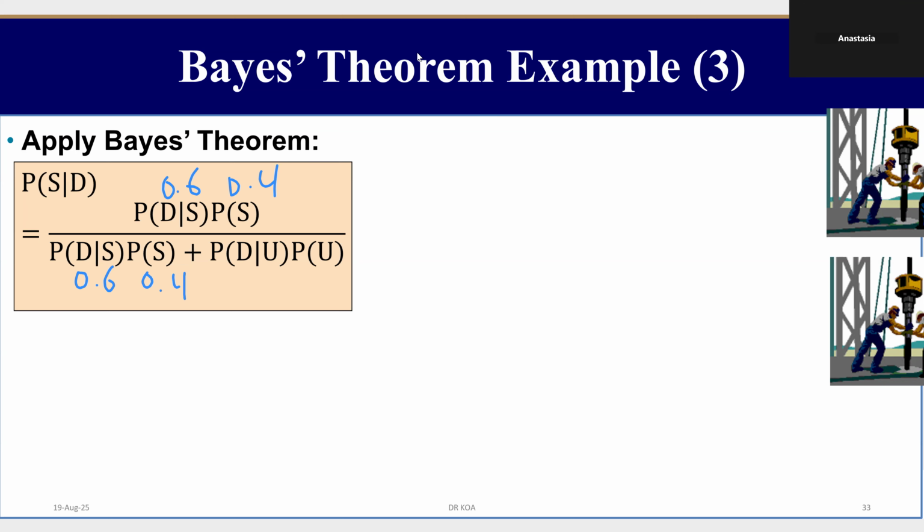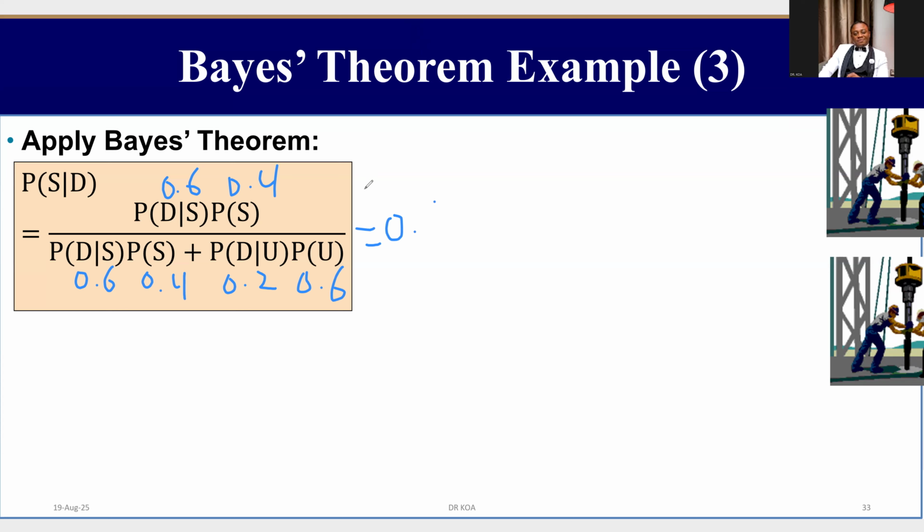What was the probability of D given U, Anastasia? 0.2. And what was the probability of unsuccessful? 0.6. Very good. So now you can multiply and find the answer. This one is calculated: 0.667.